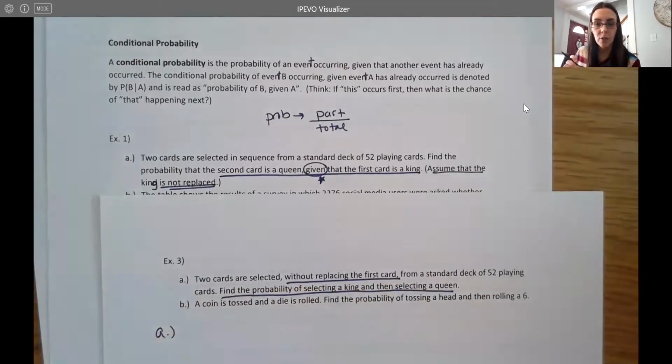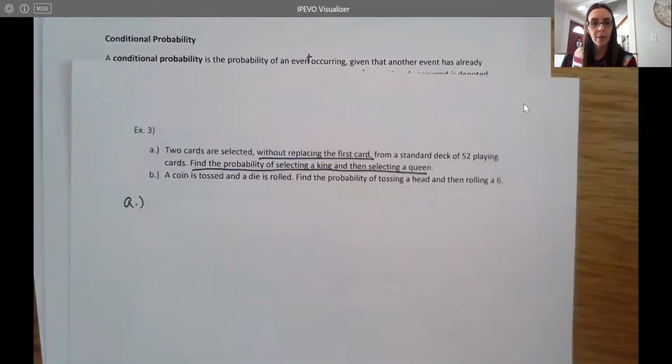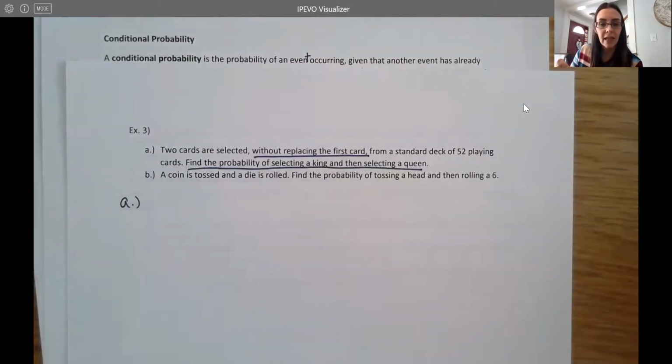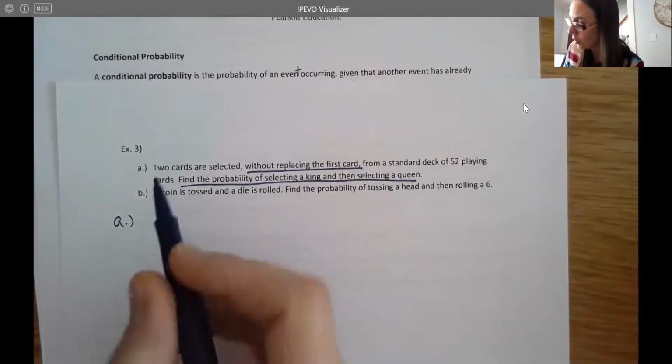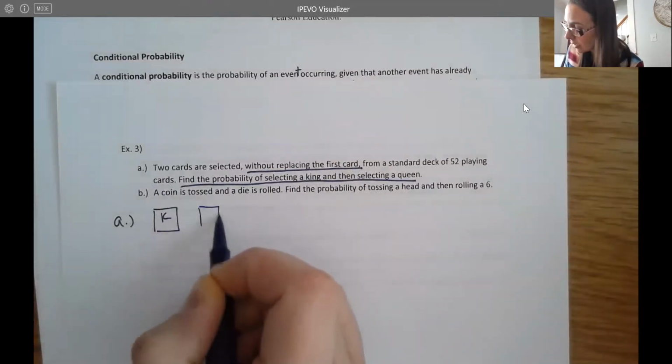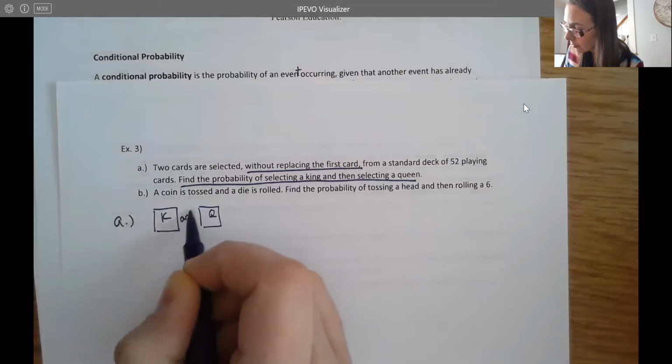So we're finding the conditional probability here. Now look at my question. Find the probability of selecting a king and then selecting a queen. So we have 2 events here, not just the one event that's conditional. So we want to know, okay, we're going to select that king first, and we're going to select that queen second. Okay.